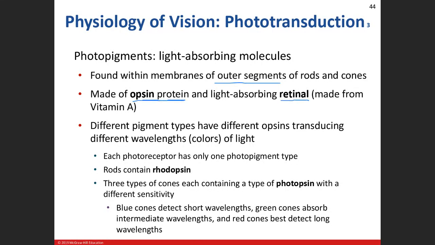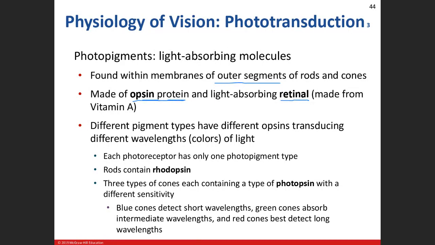Retinol should be familiar because it comes from carrots, though that's not the only source. It comes from vitamin A. Vitamin A is a fat-soluble vitamin, found in beta carotene, and in carrots quite a bit. It's these two structures that are going to help us with phototransduction.